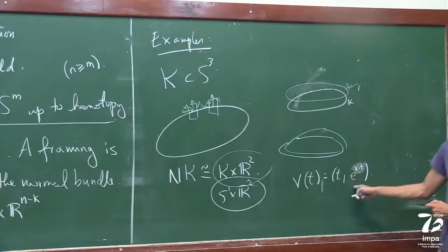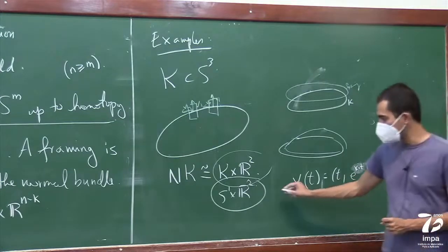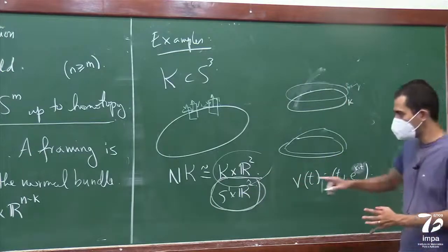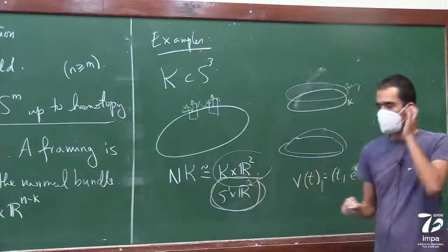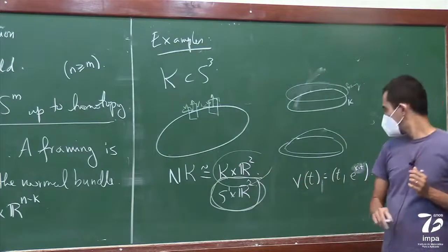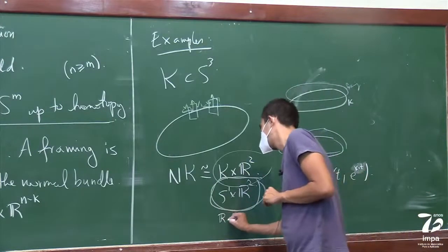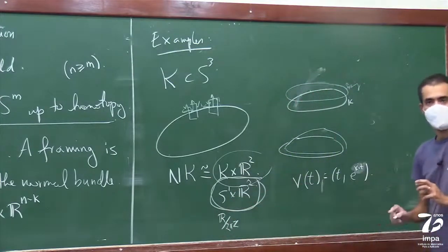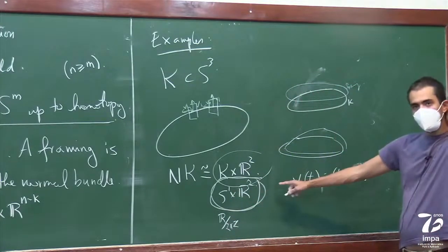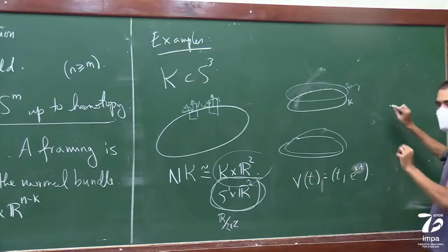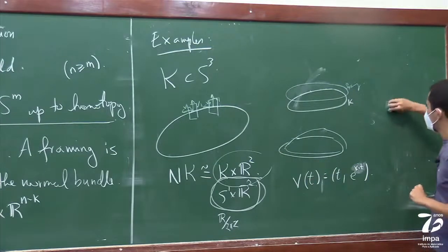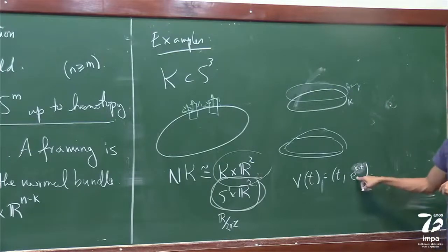So I'm writing this vector field in these coordinates here. Once I have a framing, I have an identification of the normal bundle with S^1 times R^2, and my S^1 I'm thinking of as R modulo 2 pi Z. Then I can choose another vector field. What does it do? As I go around the knot, the vector field is turning k times, because I put a k over there.